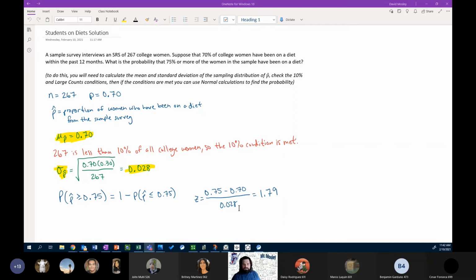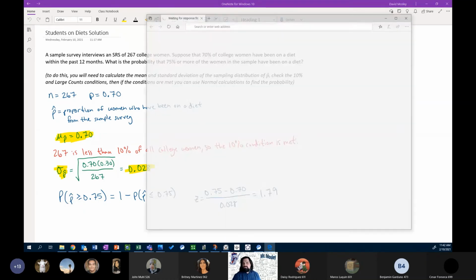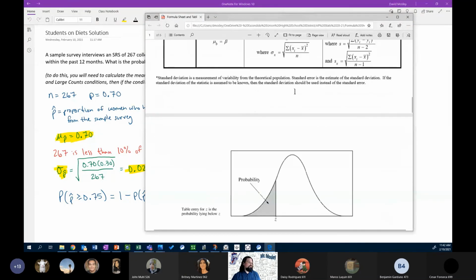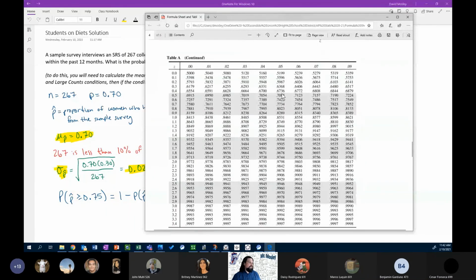We then find 1.79 on table A. Go to the positive side of table A, and we want 1.79, so we find 1.7, follow that to the column 0.09.